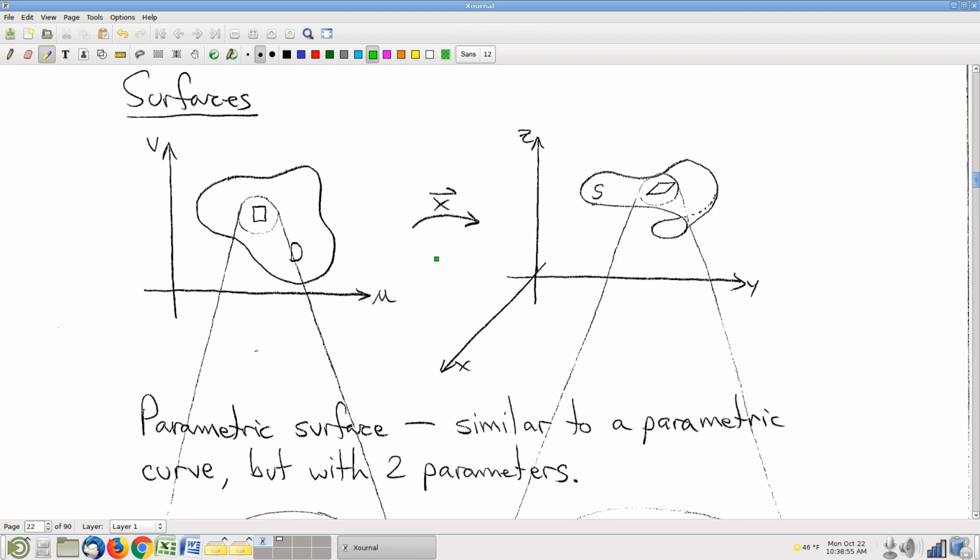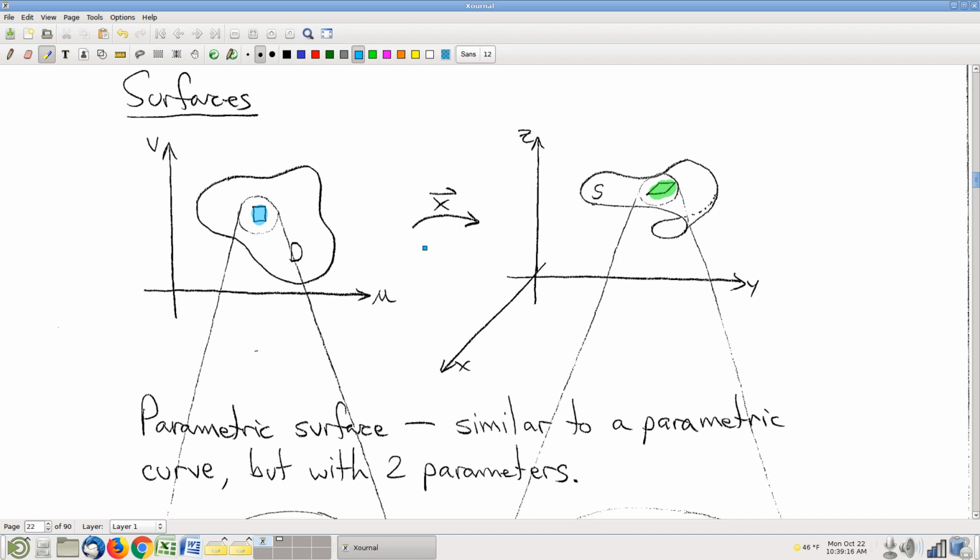Okay. Again, we want to be able to talk about how big that little piece of surface area is, that being the image of this little piece of area. That little blue area gets stretched out by some factor to give us this green area.